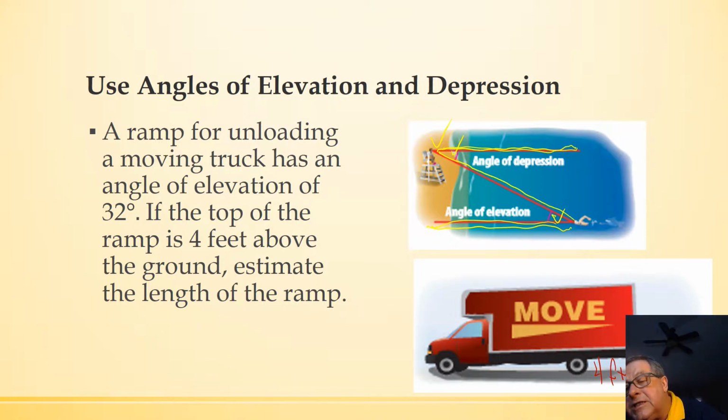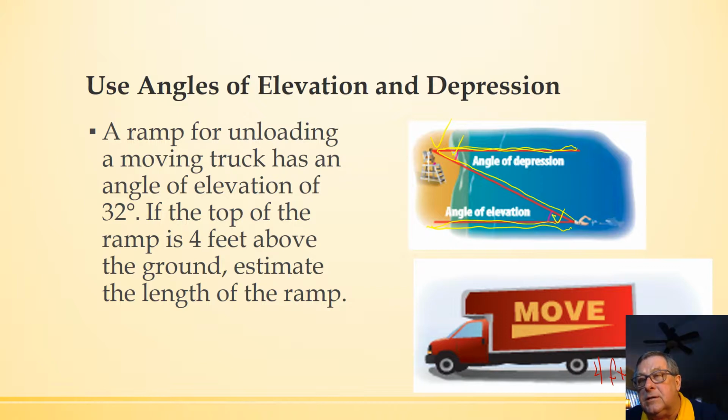But if we consider that this is a right angle here, formed by the segments from the ground up to the top of the truck, well then x is actually my hypotenuse. And so I've got an angle measure of 32, and opposite that would be the 4-foot height of the ramp. And I'm trying to find the hypotenuse.